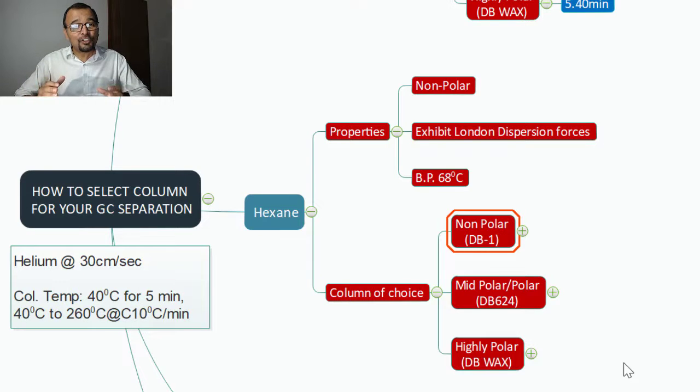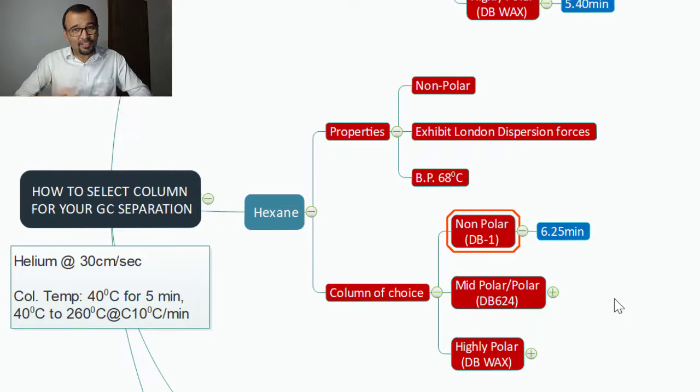The hexane should get attracted more towards the non-polar stationary phase like DB1, and hence it can exhibit a longer retention time on the DB1. So let us understand now what is the retention time of hexane on the DB1, and it is 6.25 minutes.